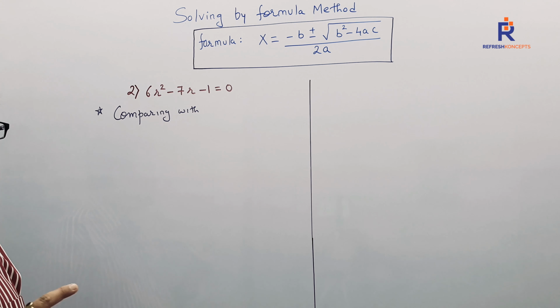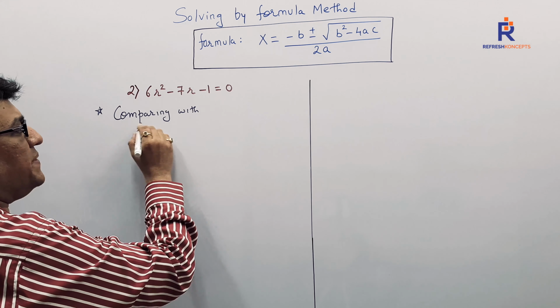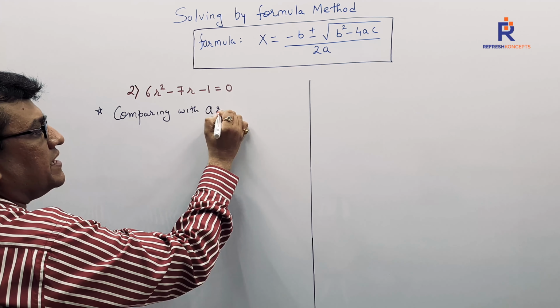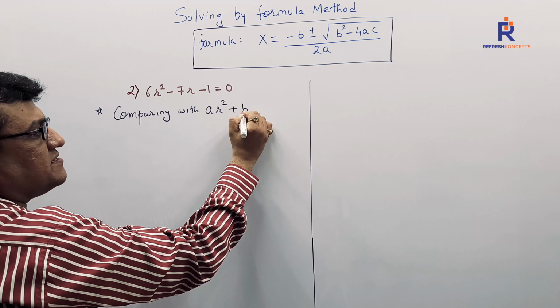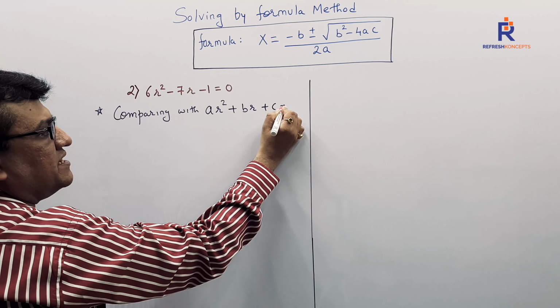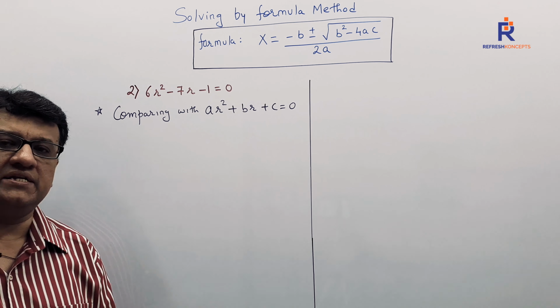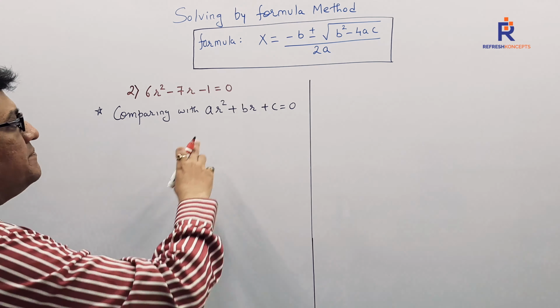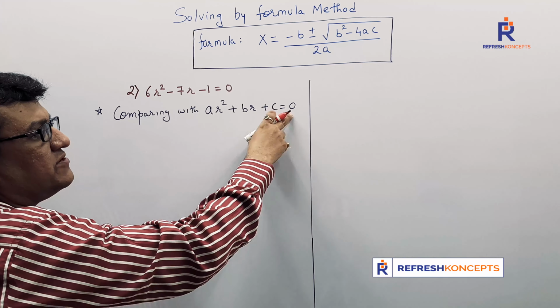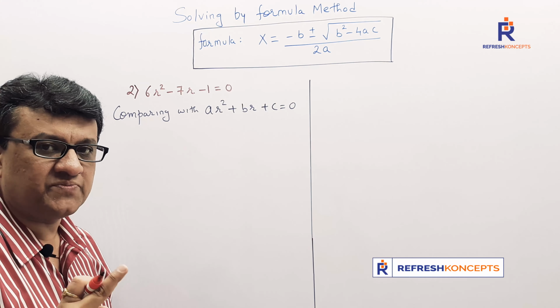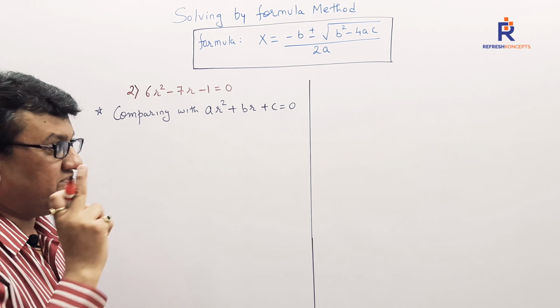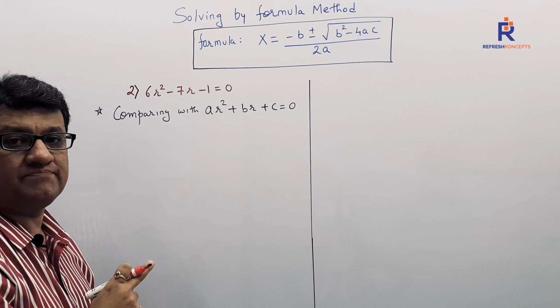We have to compare in the same language. Comparing with ar square plus br plus c equals 0. Children, please keep this in mind. Unlike ax square plus bx plus c equals 0, we have to change as per the sum.